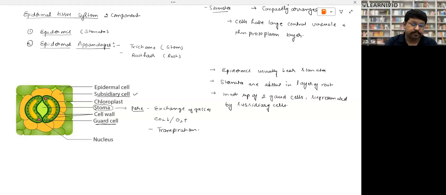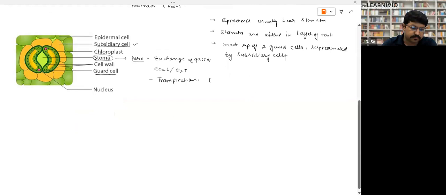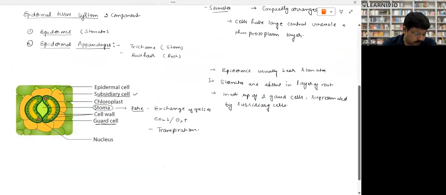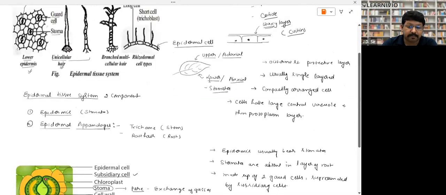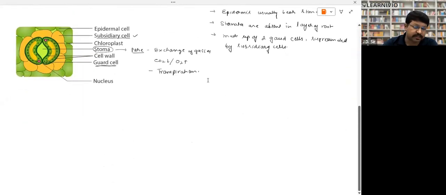Full stop. They are meant for exchange of gases and transpiration of water.